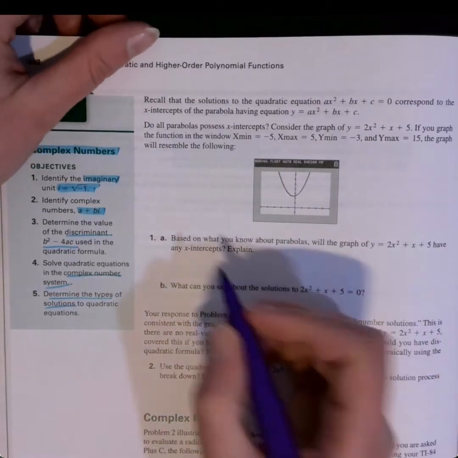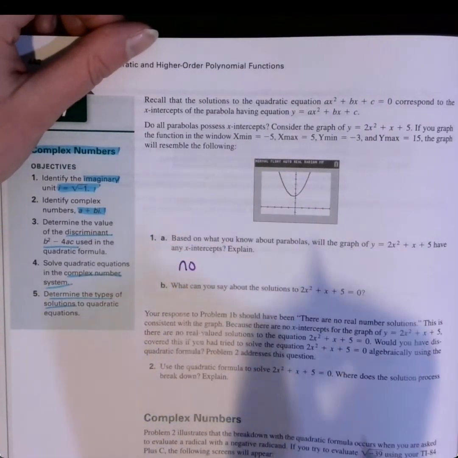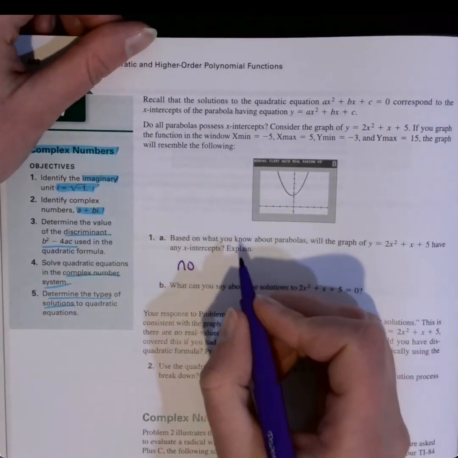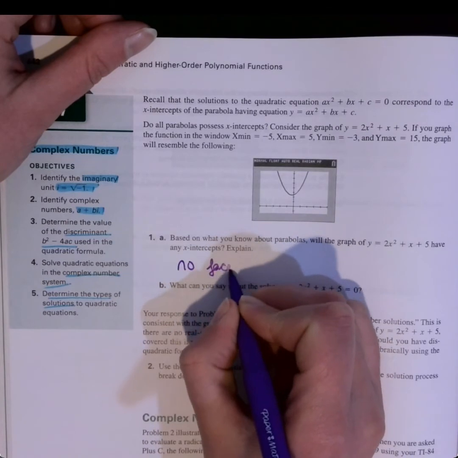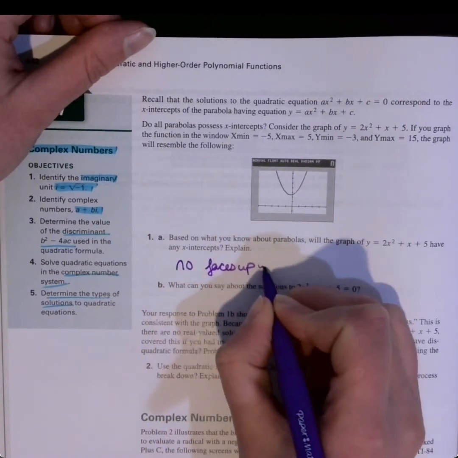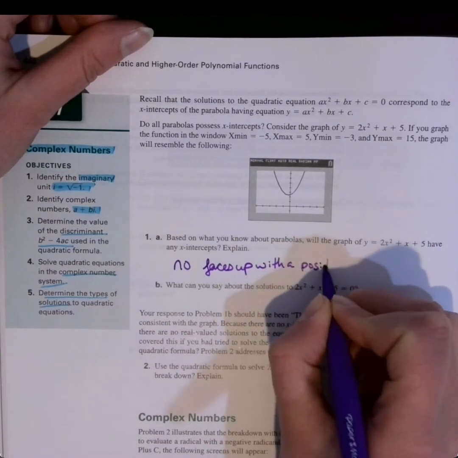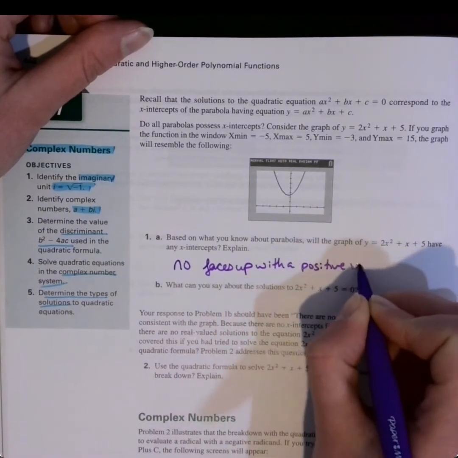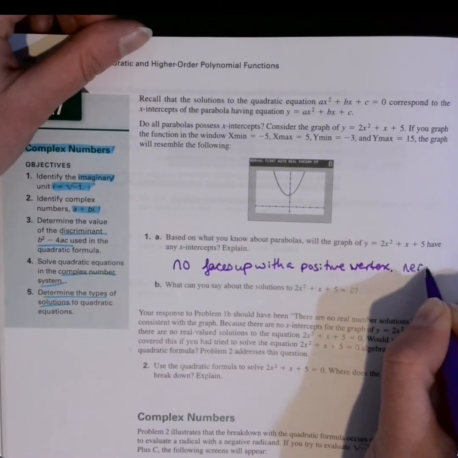And the answer is no, because it faces upwards with a positive vertex, it's always above the x-axis, so it never crosses the x-axis.